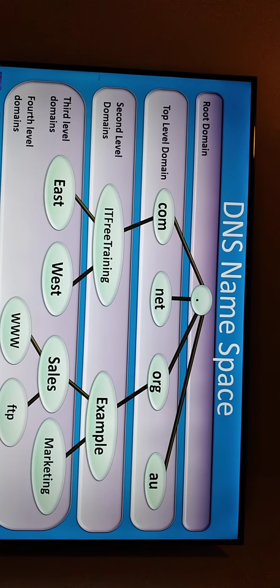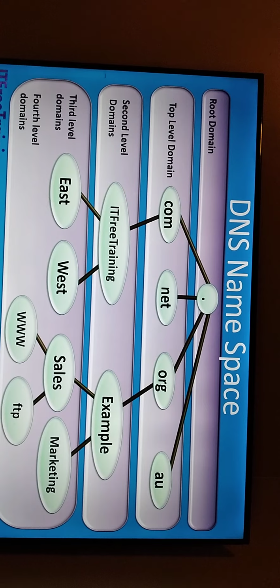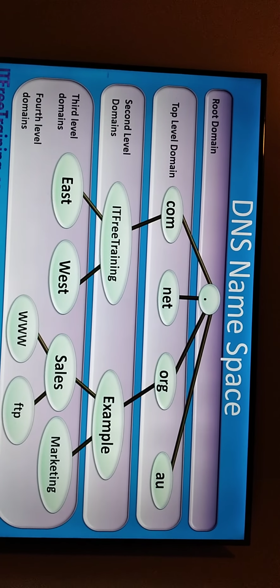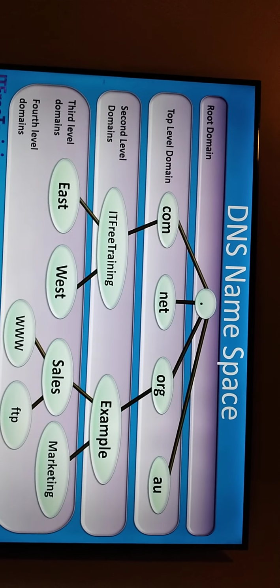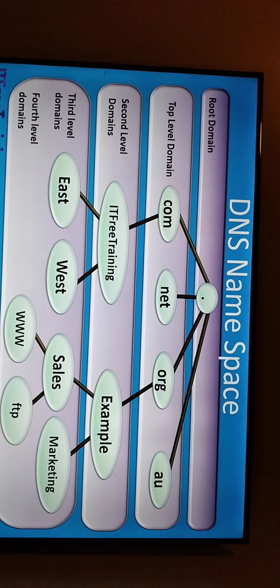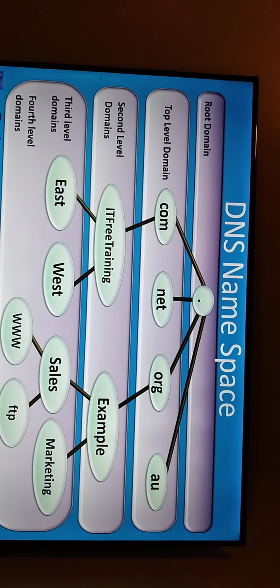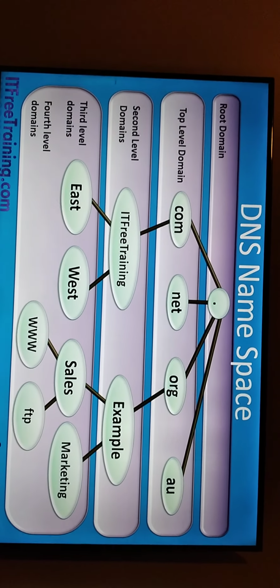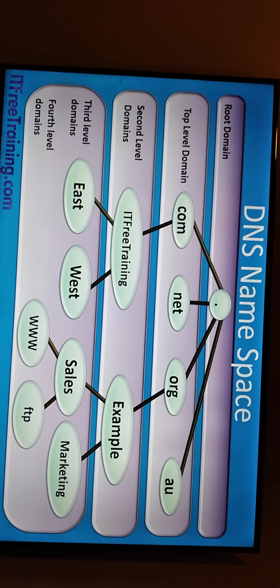And the dot, as you can see, the dot at the top is for commercial purposes. Like, for example, .mil is for military, .edu is for education, and so on.